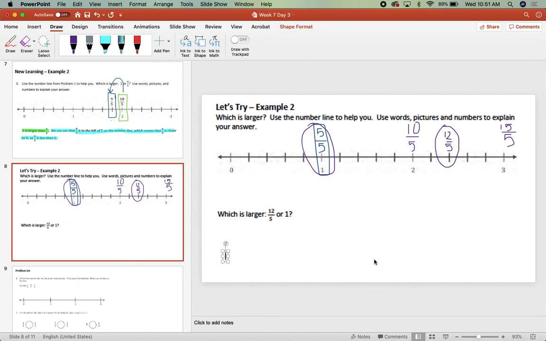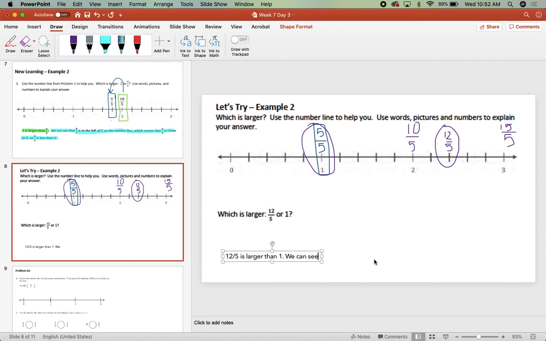So I'm going to say, my thing is bad at typing fractions though, so I'm going to do it like this. 12/5 is larger than 1. Okay, I'm going to look at their sentence again to help me craft my own sentence.